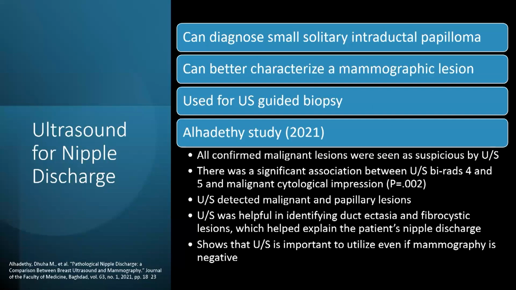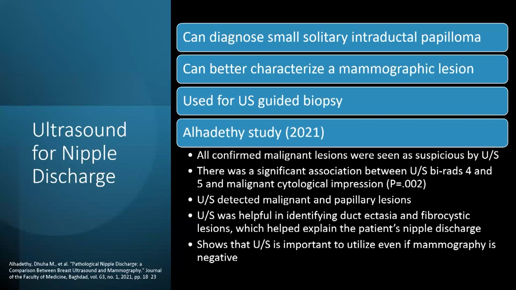We can diagnose a small solitary intraductal papilloma with ultrasound. We can characterize something we see on the mammogram, and also we can do ultrasound-guided biopsy. In a study by Al-Hadathi, all confirmed malignant lesions were seen as suspicious by ultrasound, and there was a significant association if a BI-RADS 4 or 5 was seen on ultrasound, and also if there was a malignant cytological impression.